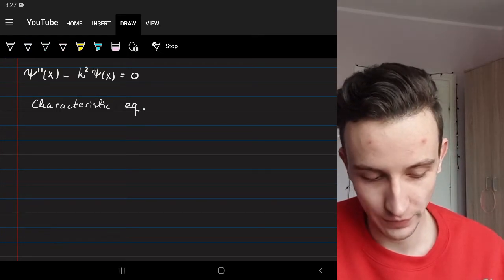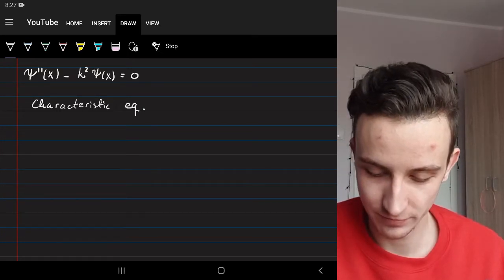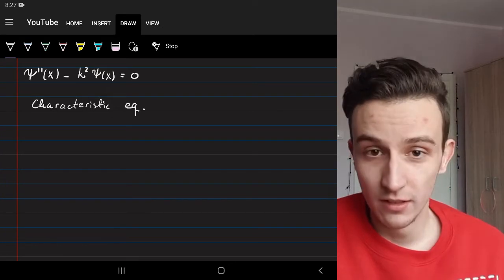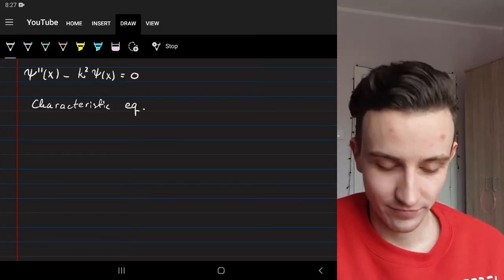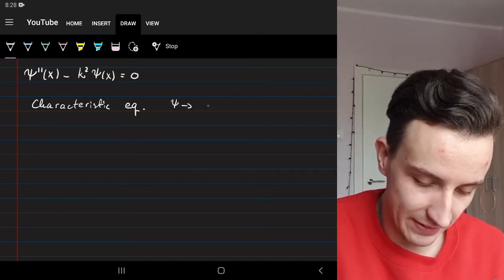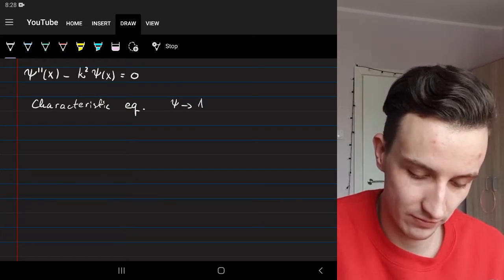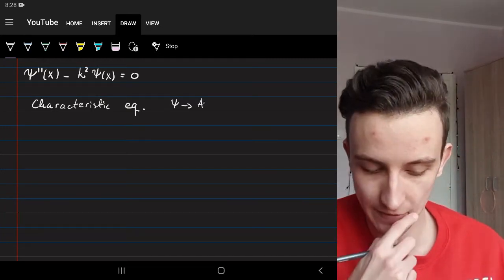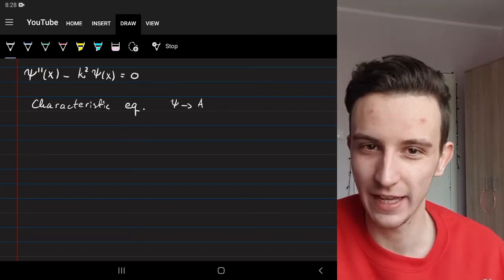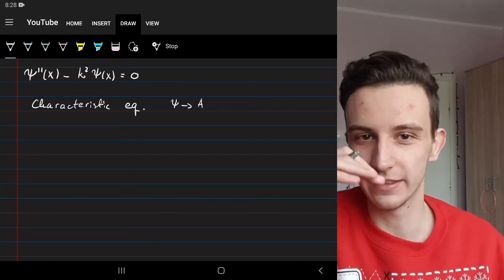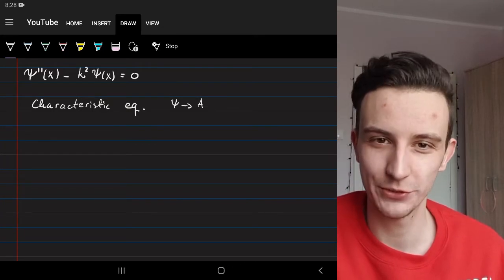With this characteristic equation, you're supposed to convert psi into just any constant, and you see how this constant acts, and you put it on the e, and it's kind of all obscure.